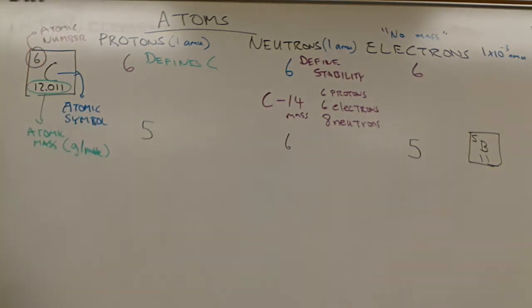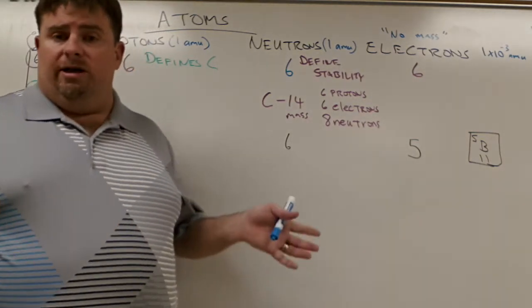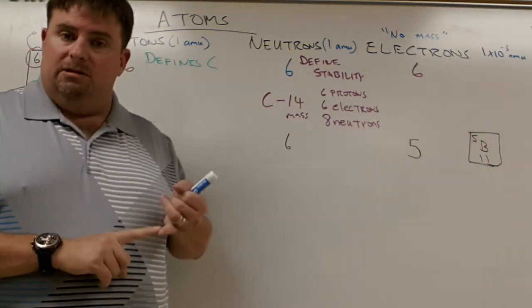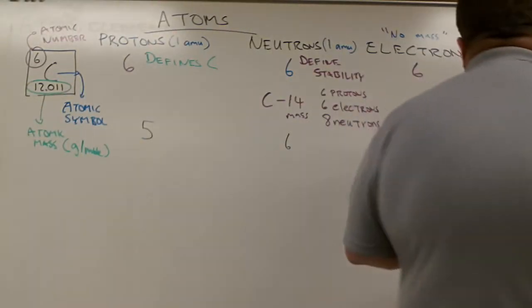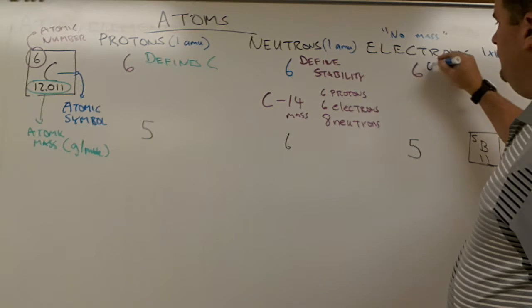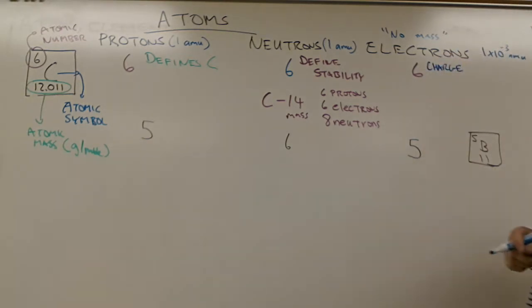Now some people are sitting there looking at this and saying, well, Dr. Rowe, what's going on with those electrons up there? I need to know what happens when we change the electrons. Change the electrons, it does not change what the element is. It doesn't change its stability. All it does is change its charge. Okay? Charge is defined by the electrons.